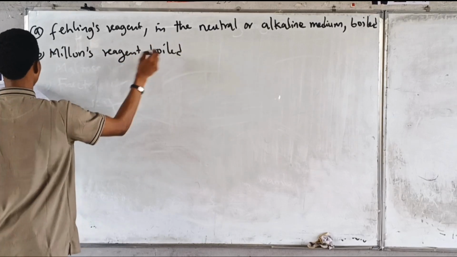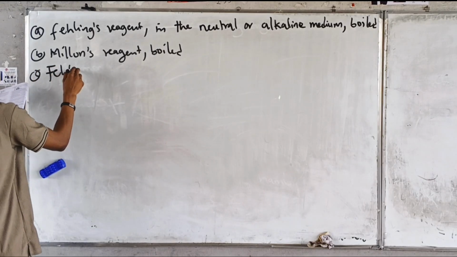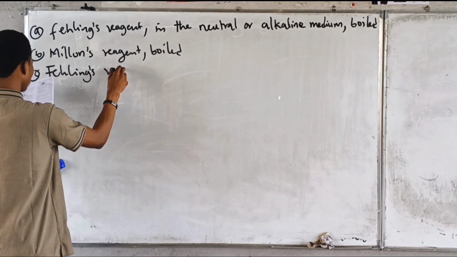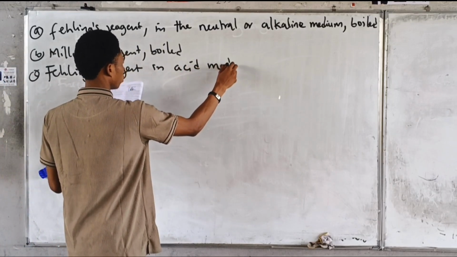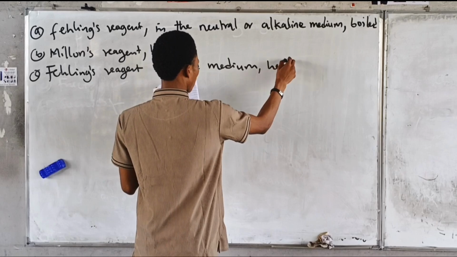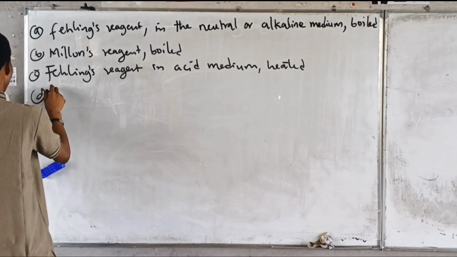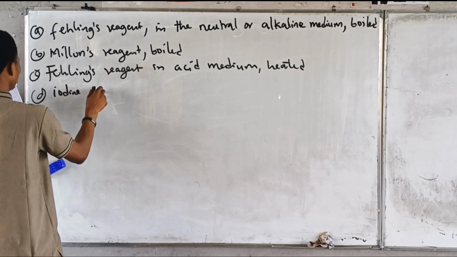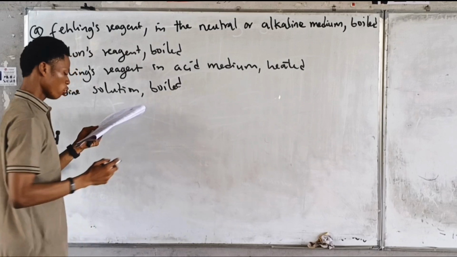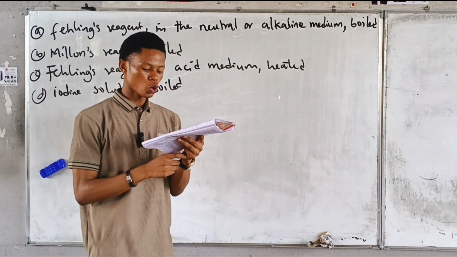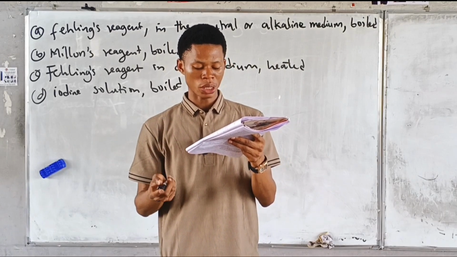C. Fehling's reagent in acid medium, heated. And D. Iodine solution. So before you give me your answer, the question says in testing for glucose, the necessary reagent and the condition under which the reagent reacts best are dash.